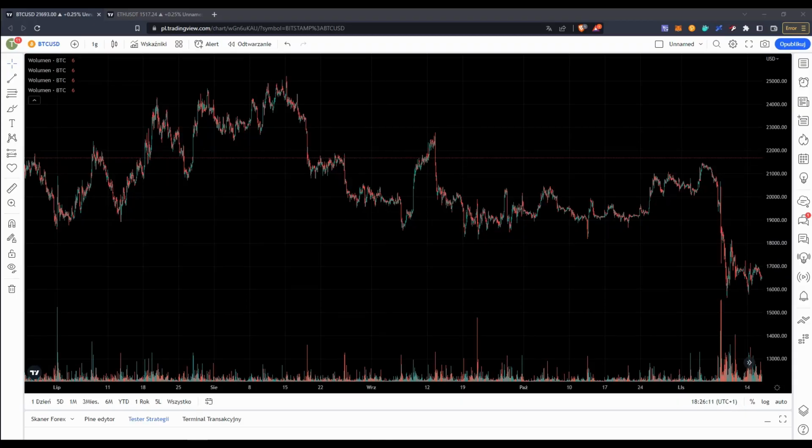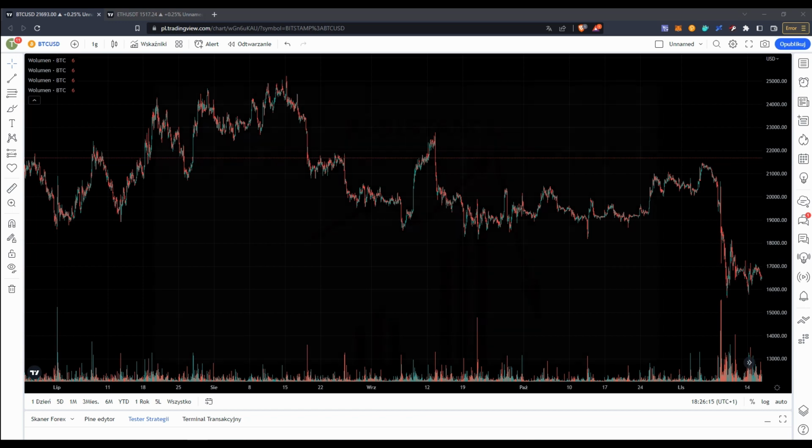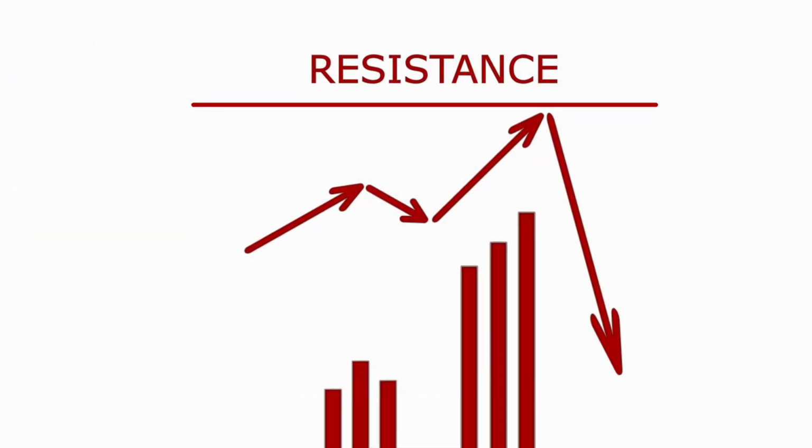If the price with higher volume is approaching the resistance without breaking it, we have higher volume and rejection, meaning that this resistance is still valid.